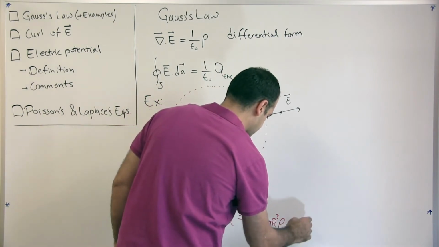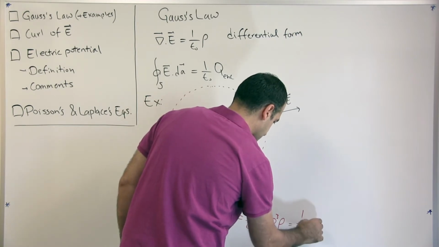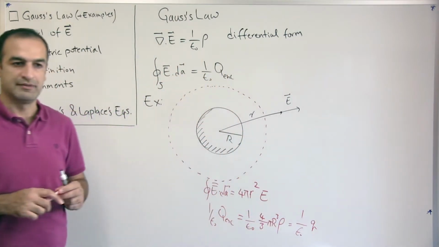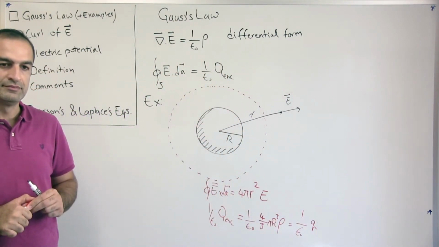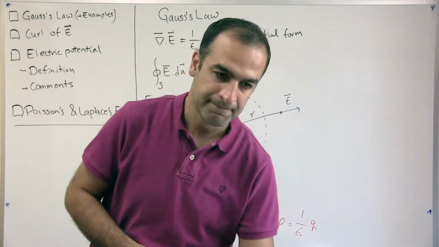Or I can simply say it is 1 over epsilon 0 times Q, which is the total charge on this sphere. So far, so good? Relatively easy?